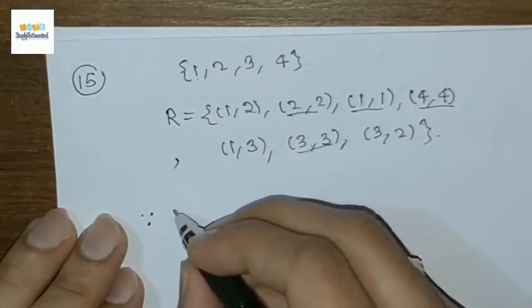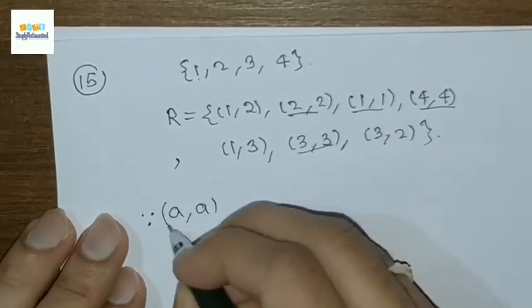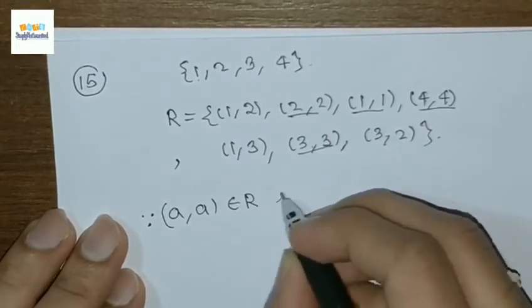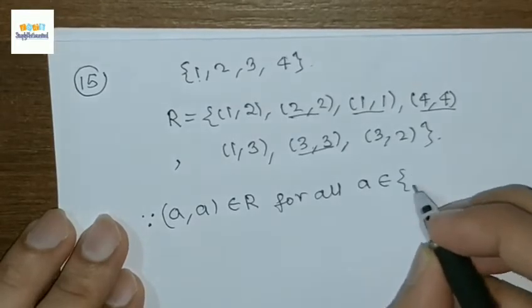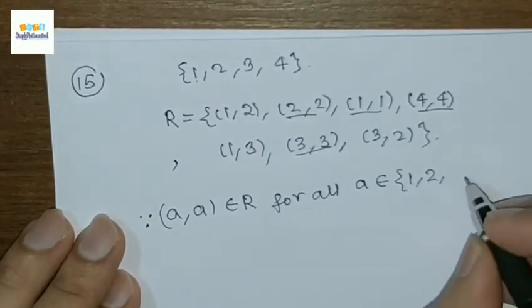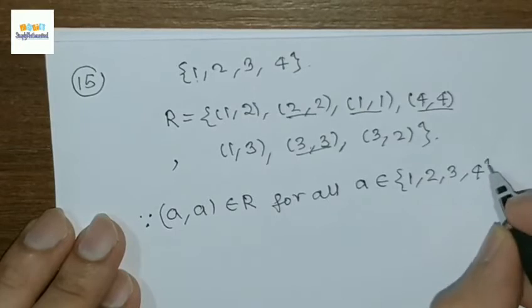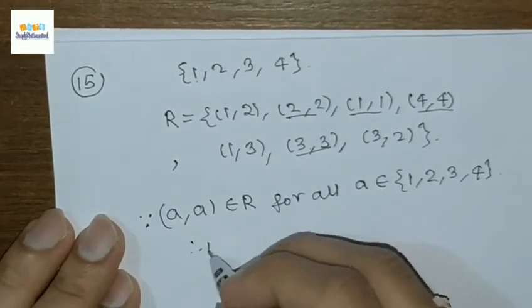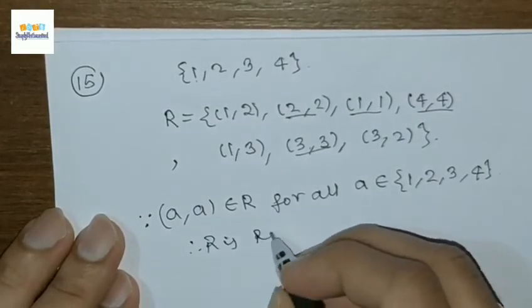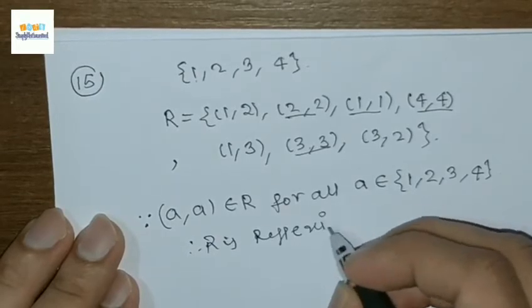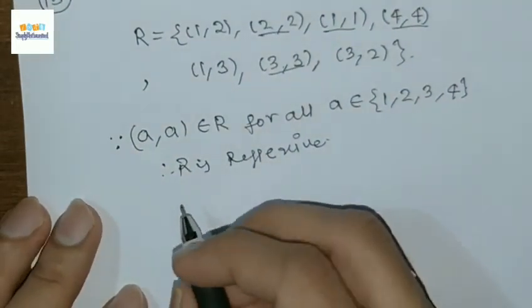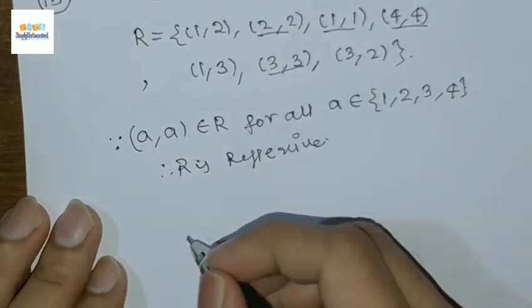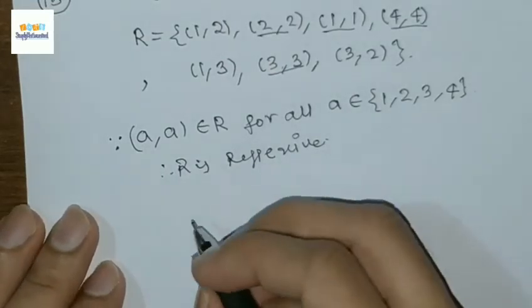Since (a, a) belongs to the set R for all a belonging to the set {1, 2, 3, 4}, therefore R is reflexive. Now we will check whether the relation R is symmetric.